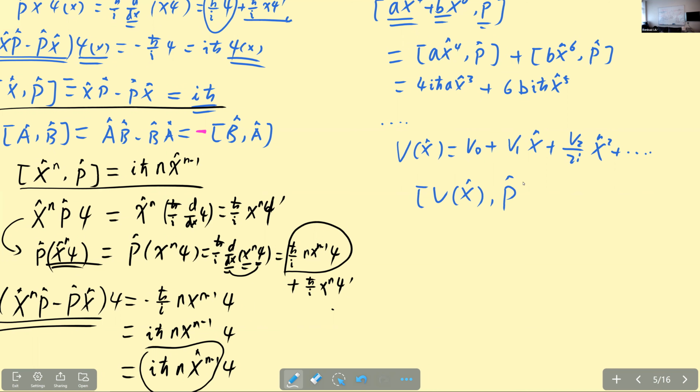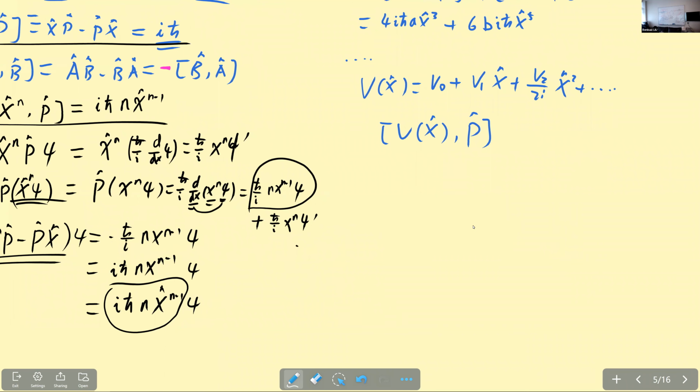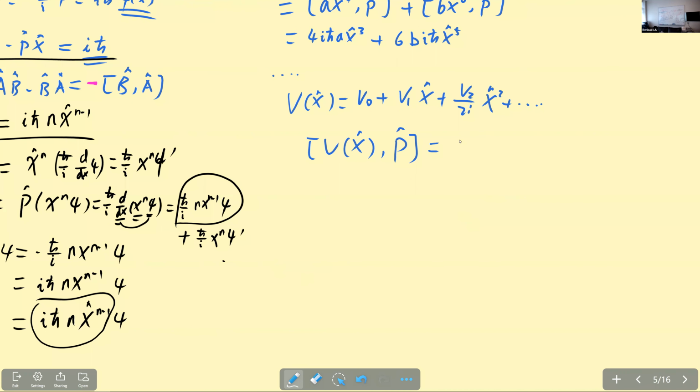Okay, and this one, of course, will just equal V0 p plus V1 x p plus 1/2 factorial V2 x squared and the p, and continue this way.